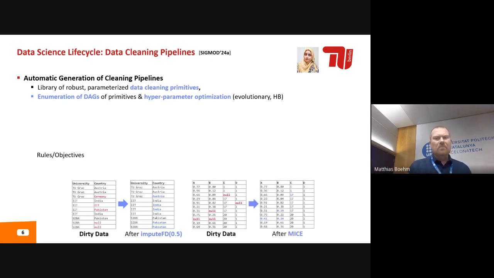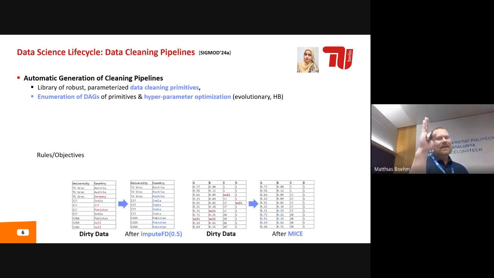Other strategies are MICE. This is multivariate imputation by chained equations. What it does is very simple. We extract individual columns that have missing values. We rearrange rows so that we take the existing values; this now becomes our label. We take all the other aligned tuples, take the existing values, and train a model on top of that.